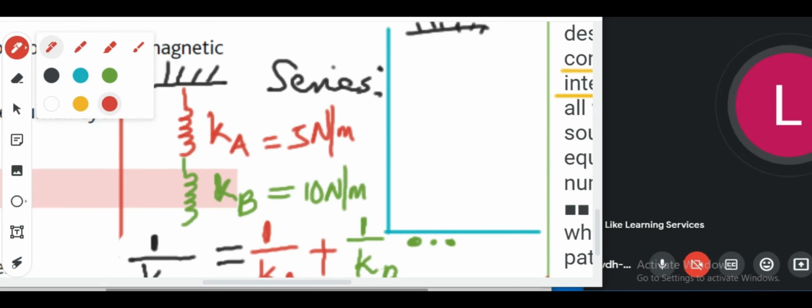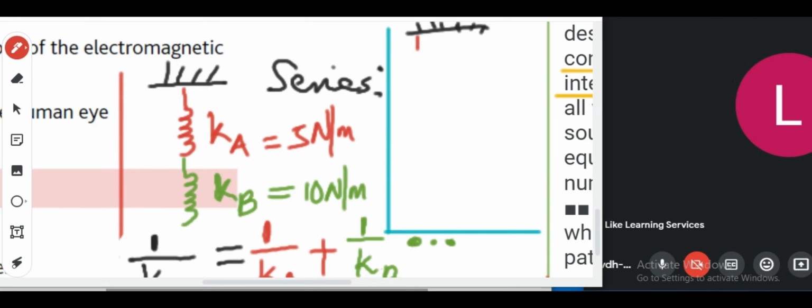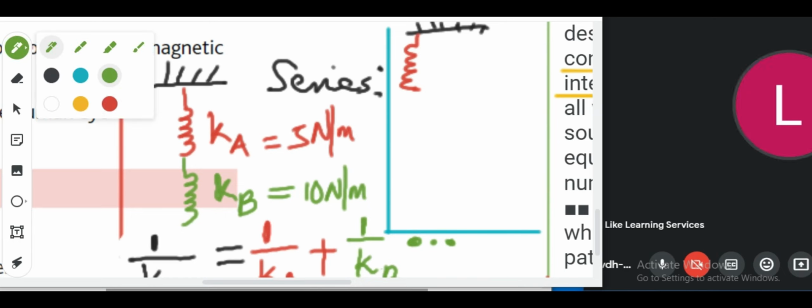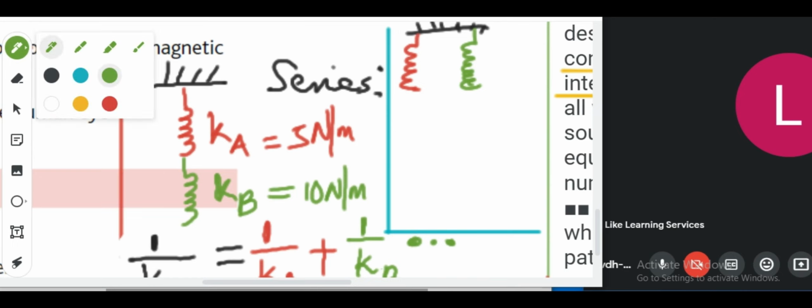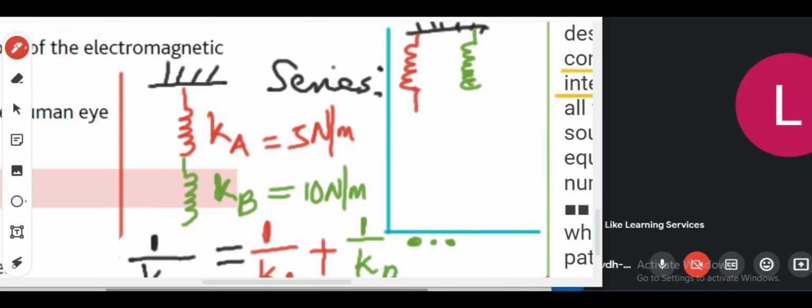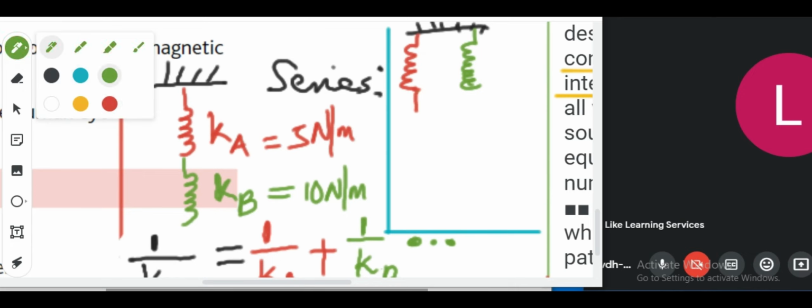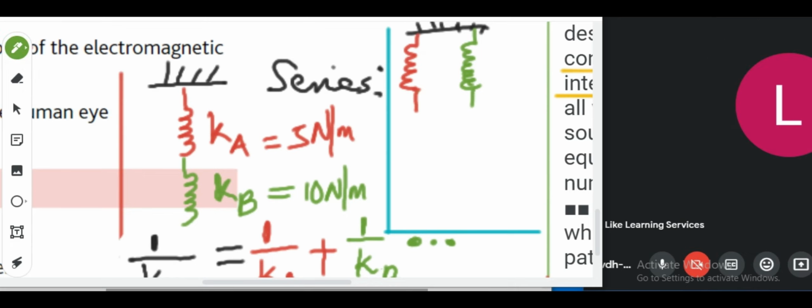We have this first spring in red connected like this, and then another spring in green connected like this. In this case, they are connected in parallel, both of them holding a load in place.